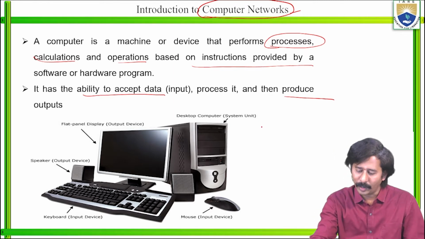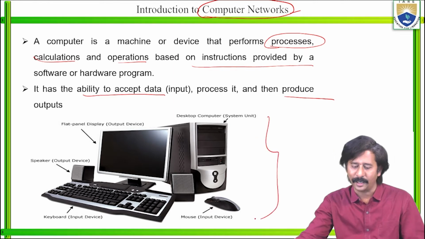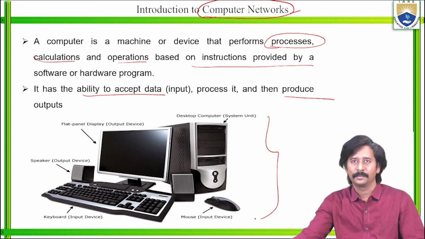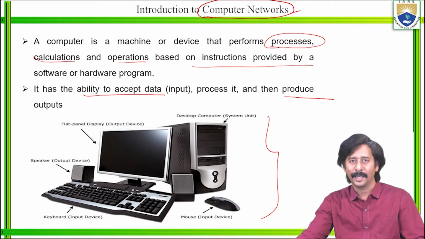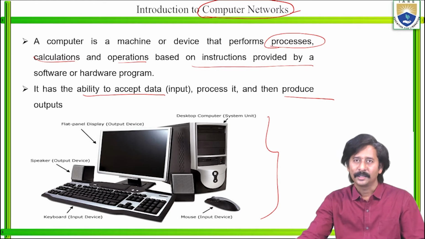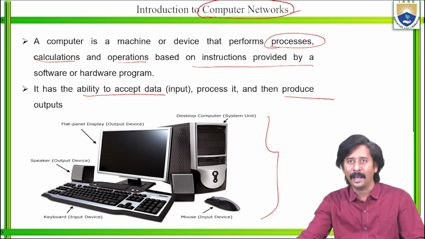See here you are able to see the basic computer. So we know the various parts of a human being, like head, hands, legs. Similarly, the computer also has some basic components.